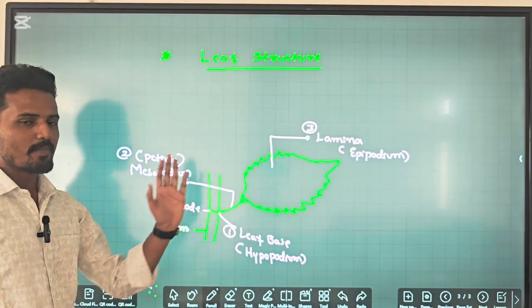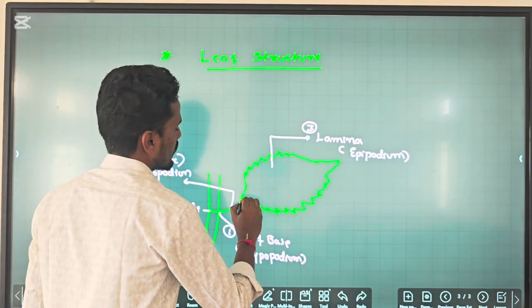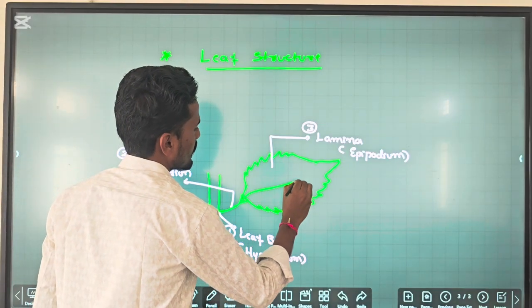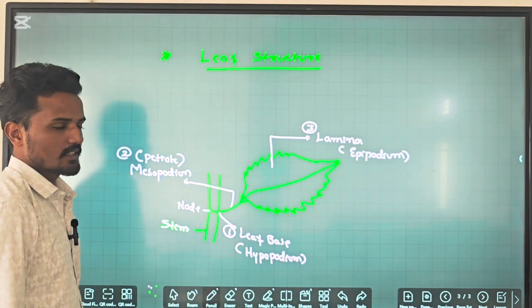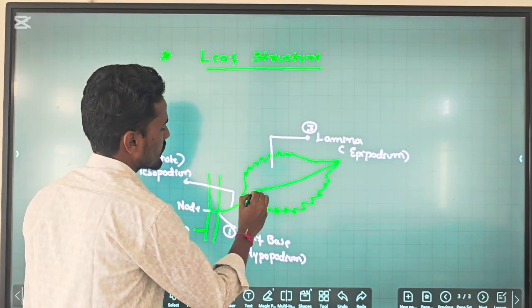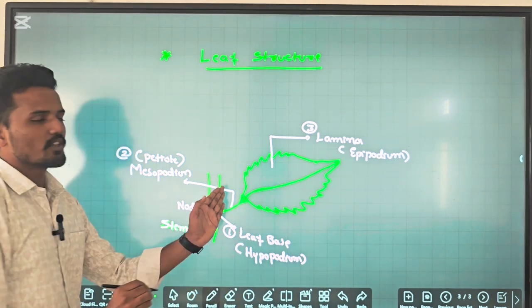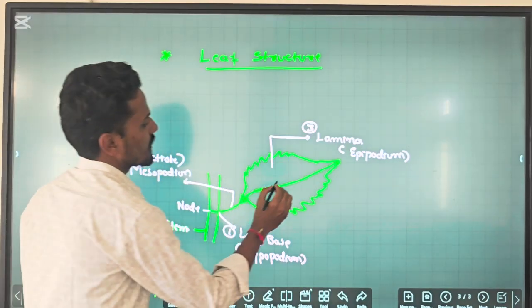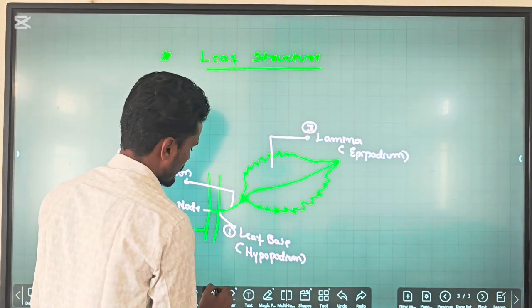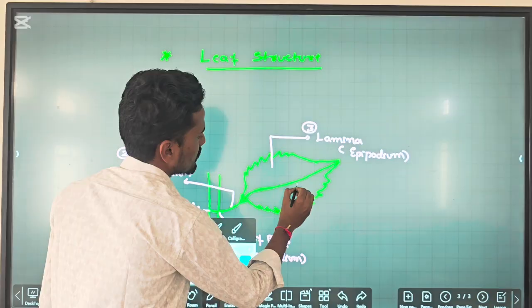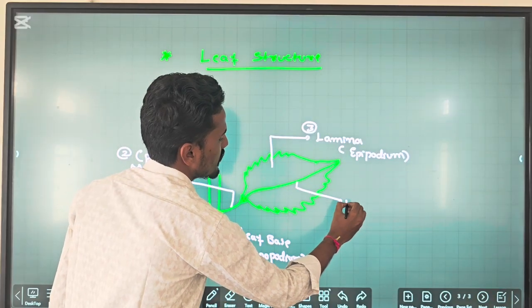When we see the lamina of a leaf, there is one large vein in the center. This large vein arises through the petiole and is called the midrib, or the main vein.